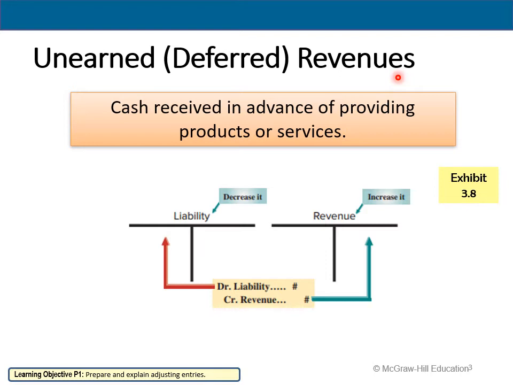It's cash received in advance of providing the good, product, or service. So you have a liability. It would have a normal credit balance, as liabilities do. And so we're going to debit that when revenue is earned. And of course, revenue is increased with a credit, so we would credit revenue.